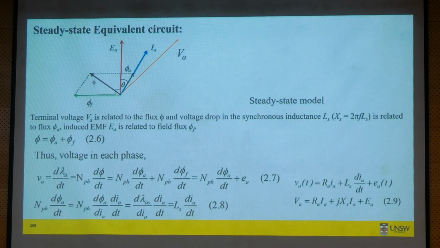One thing we may want to note here is this flux is your rotor flux, okay? If it's a PM machine, it is coming from the PM. If it is a conventional synchronous machine, it's coming from your field current, okay? So this is your field flux or rotor flux, which gives me the back EMF EA.